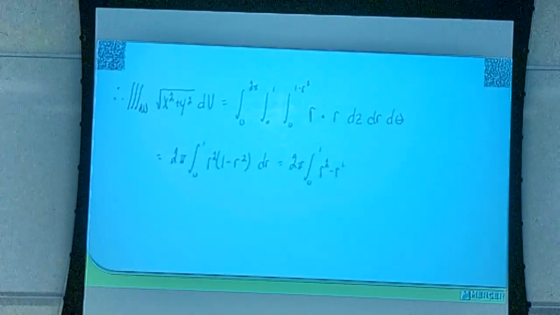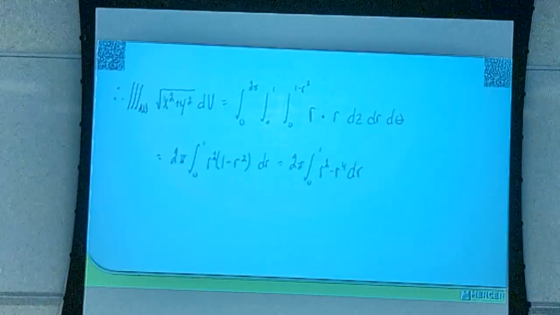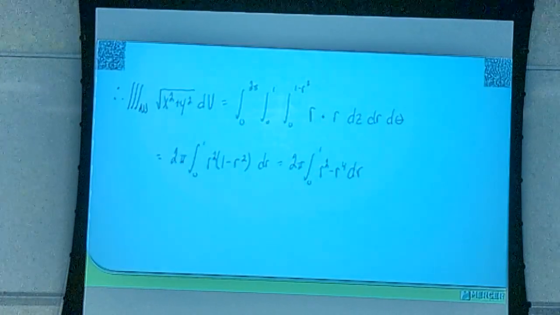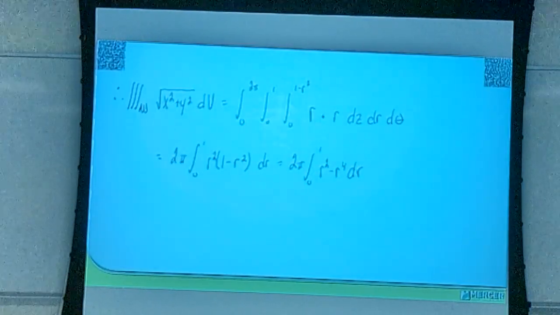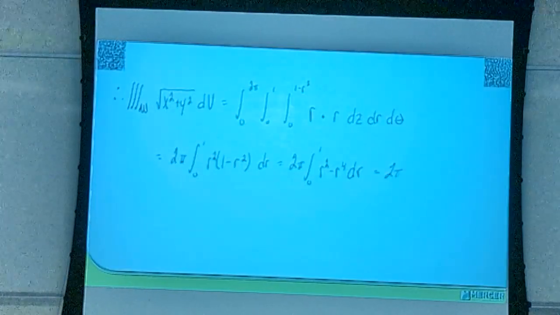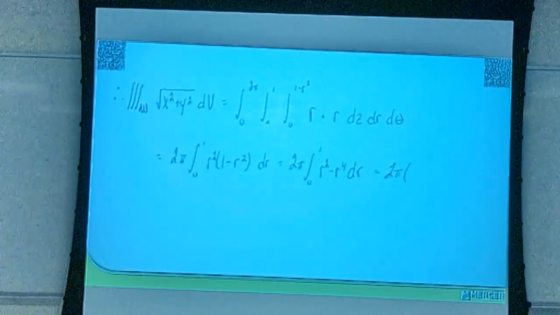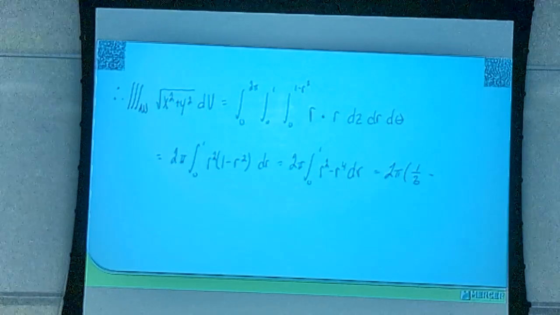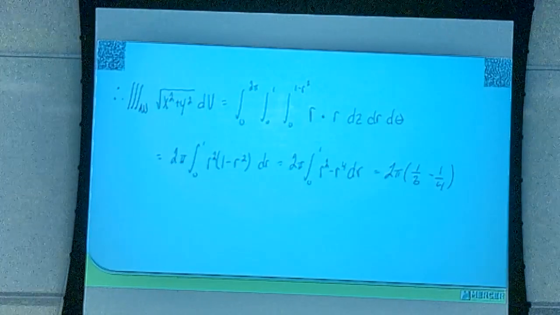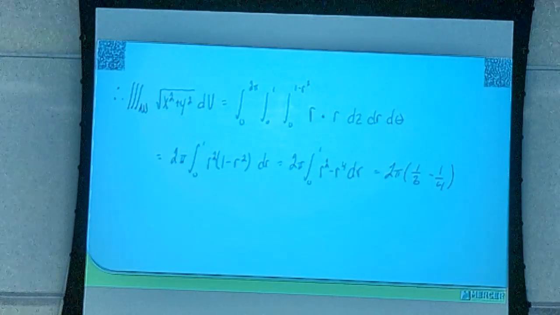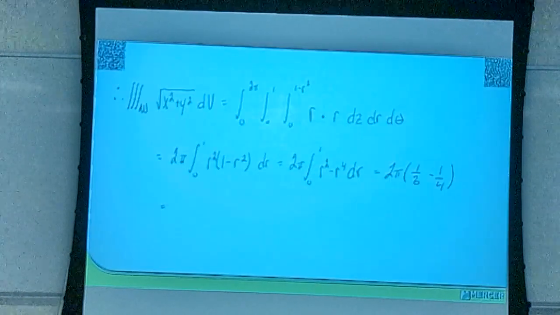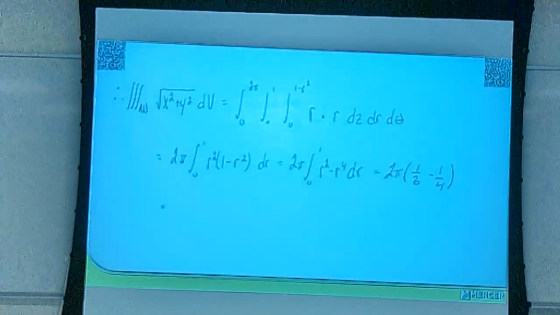That's the integral you're left with, right? r cubed over 3, r to the 5th over 5. It's 2 pi times the third minus a fifth. What's the third minus a quarter? I'm sorry, it should be minus the fifth, right?